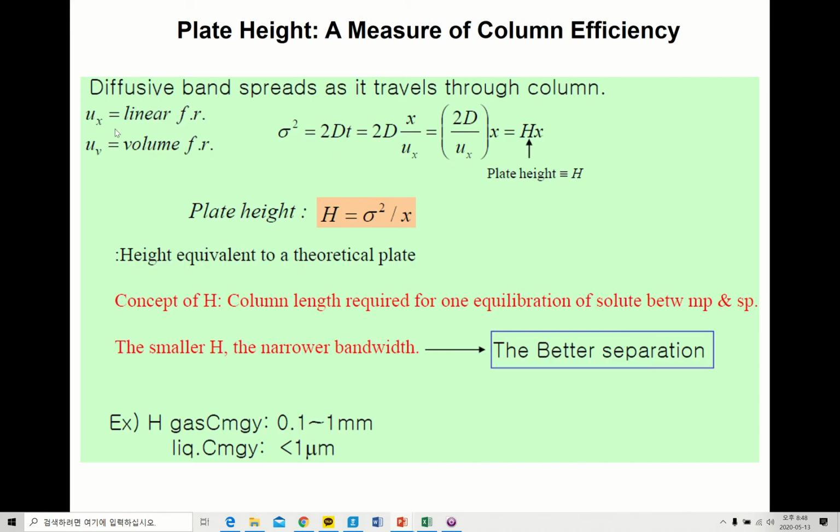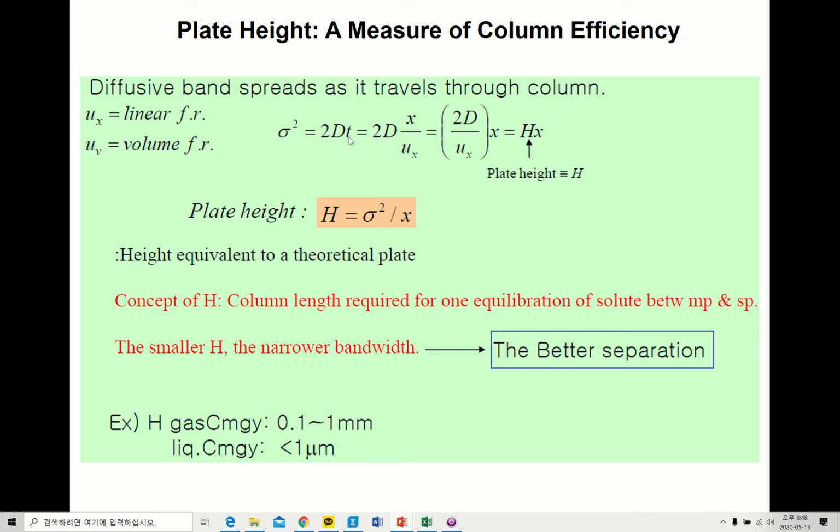So here we define Ux as a linear flow rate and Uv as volume flow rate. Sigma squared is 2Dt. D is the diffusion coefficient and t is time.